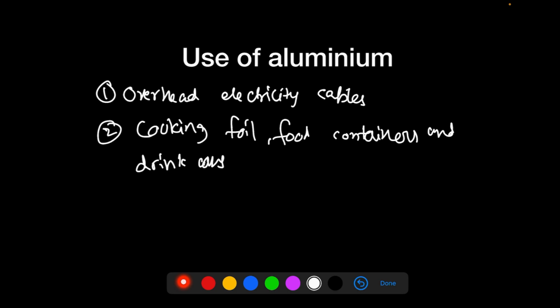Because it has low density, it is non-toxic, it resists heat and corrosion, and it can be rolled into thin sheets, meaning it is malleable. A third use is in aircraft. This is because it has low density and it resists corrosion.